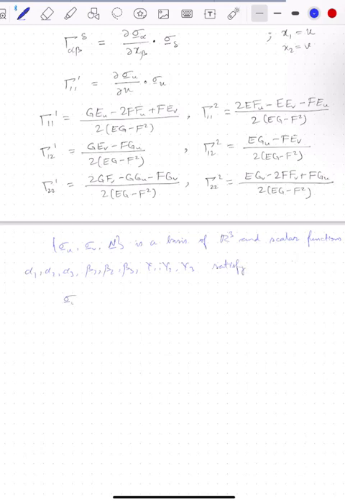So what we have is sigma uu is equal to alpha 1 sigma u plus alpha 2 sigma v plus alpha 3 n vector.